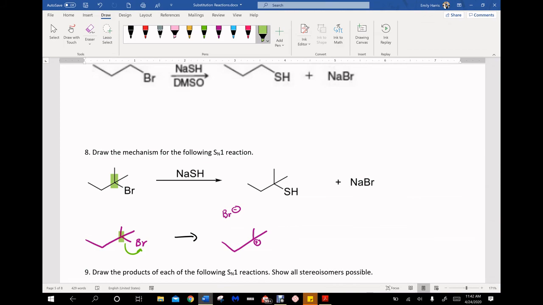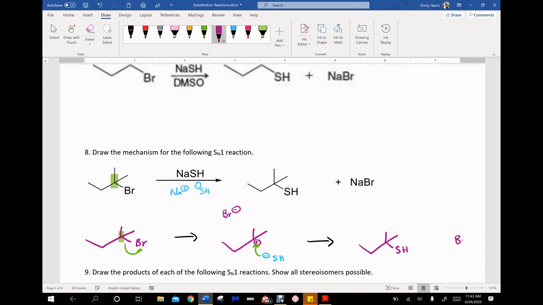All right. So now at this point, our nucleophile is the same as the last one we worked, where you have an SH with a negative charge. Our SH with a negative charge can now come in and attach to the positive carbocation, right? So in this case, what we'll result with is now an S and an H attached in the place of the bromine.